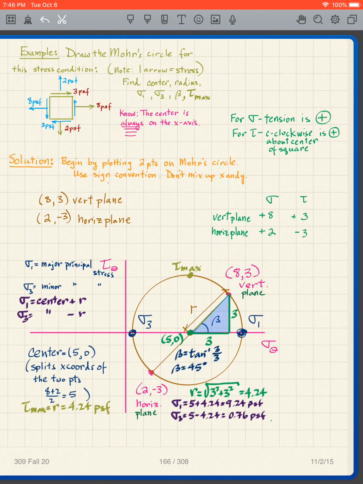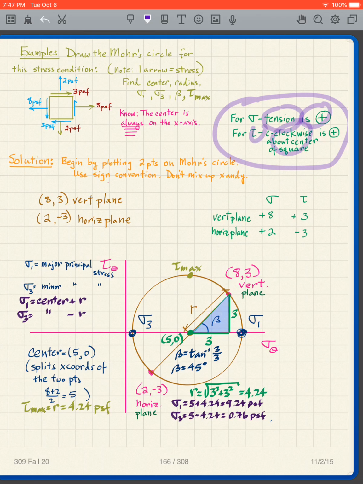So I'm going to move that down. Okay, so remember there's our sign convention right there. For sigma, tension is positive. For tau, counterclockwise about the center is positive.